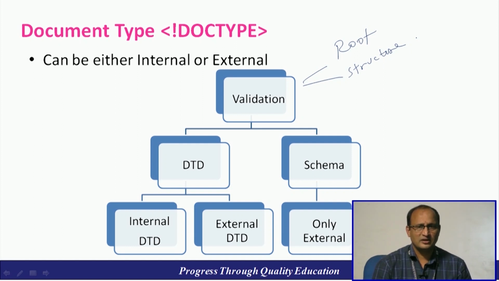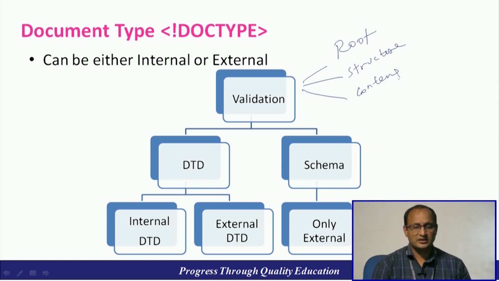Structure in the sense: what is the root, what is the first child, whether the first child element is having any subchild elements or any attributes included, what is the name of the root tag, what is the name of every child element, and content.